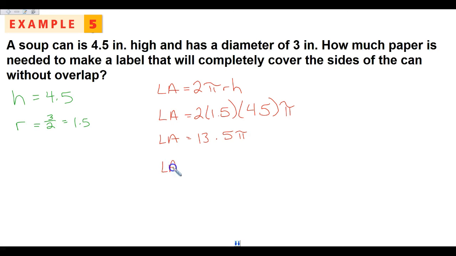Because when we're looking at how much paper you need, we're not going to say 13.5 pi inches squared. We're going to say 42.4 inches squared. So a lot of times in your word problems and application problems, they are going to say go ahead and take it to the nearest tenth, because that's typically the way that we work with numbers in real life situations.